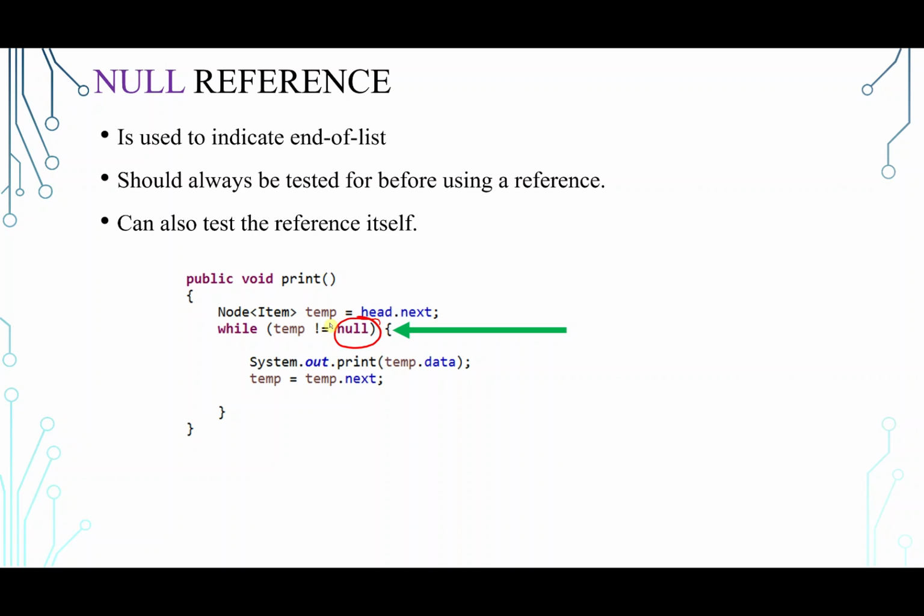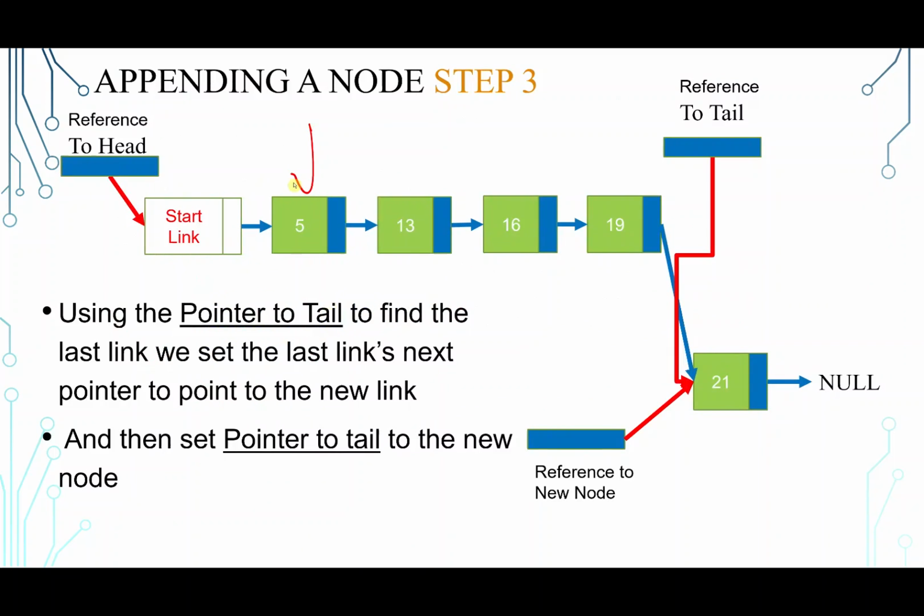So if I'm printing my linked list, I'm going to create a node temp, because this is a temp node where I point to the current node I'm looking at. I start with head.next, because remember head is pointing to the start link. So the first node is going to be this.